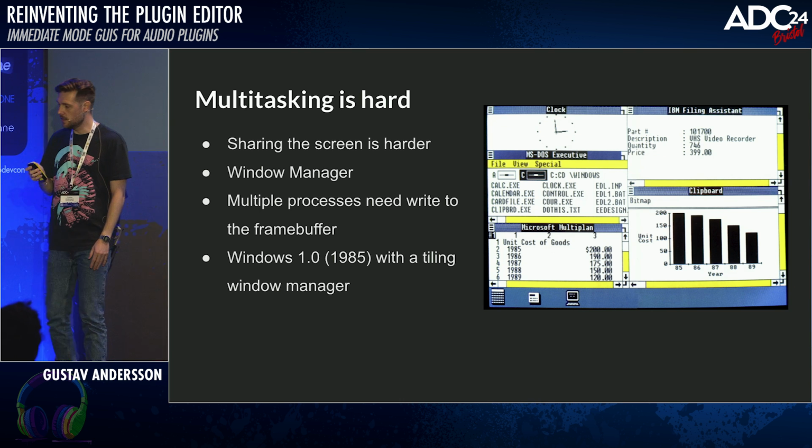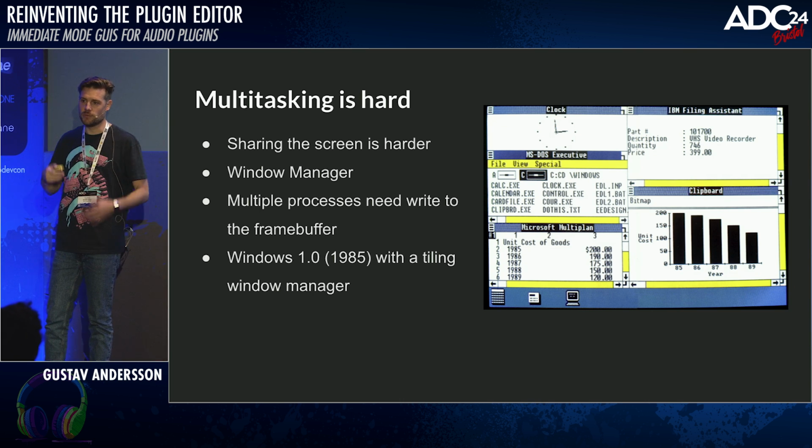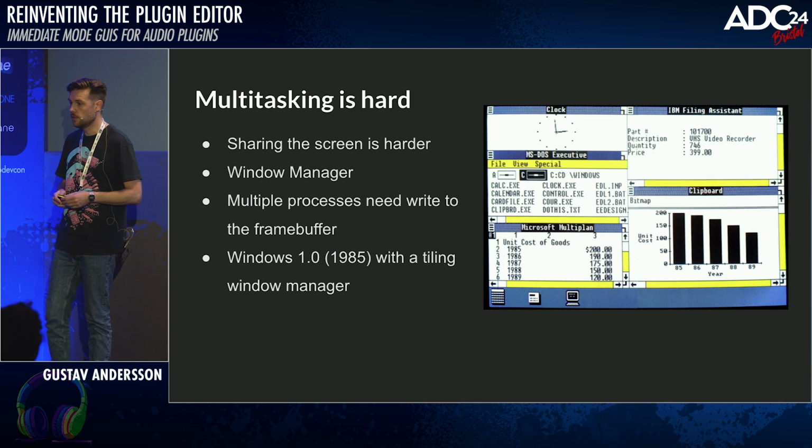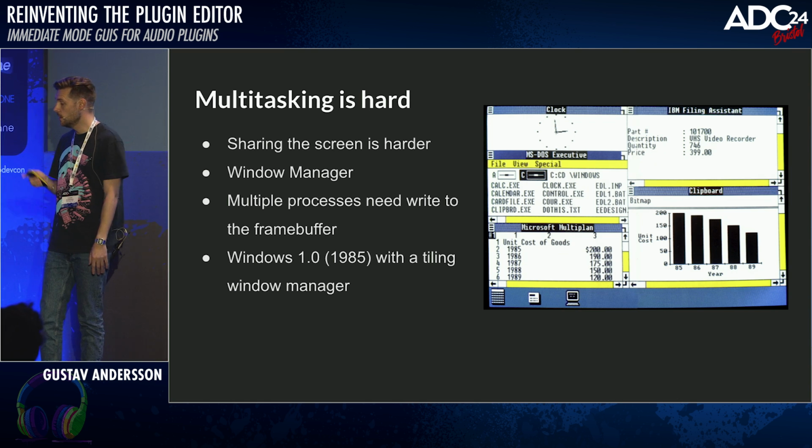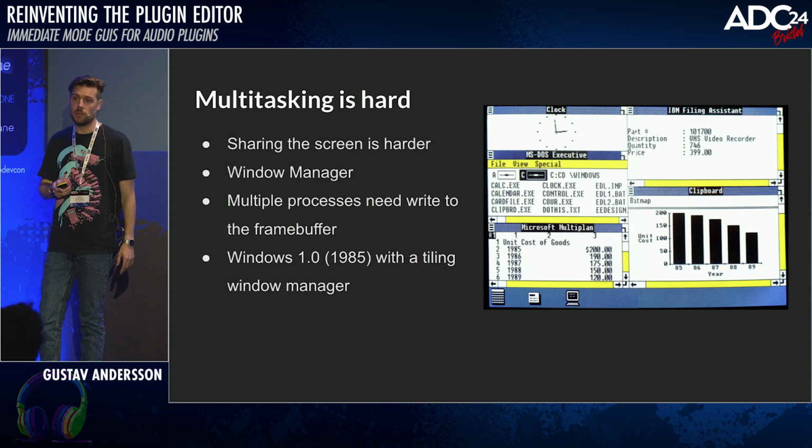Also, having multiple processes running on the same computer, sharing memory, sharing CPU, sharing I/O, was not a trivial thing, but they also had to share the screen, which sort of led to the invention of the window manager, which was a little process that allowed different processes to run in windows on the same screen. And this is Windows 1.0 from almost 40 years ago.